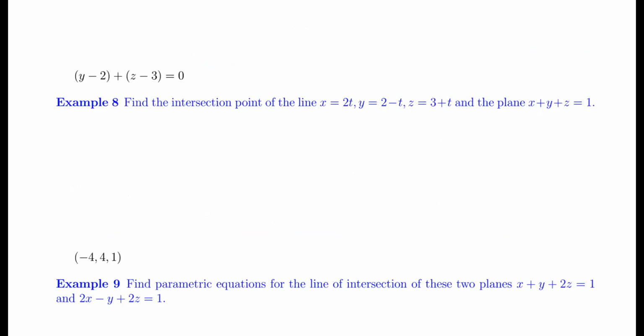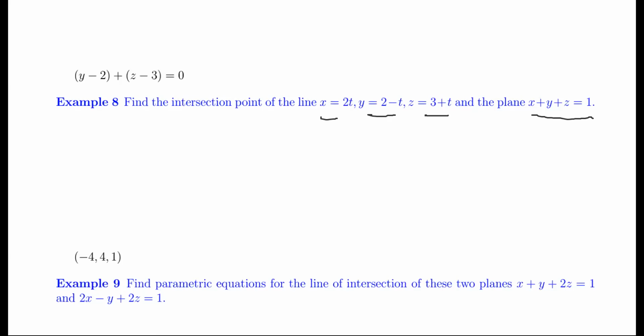So if we want to find an intersection point of this line and the plane, well, we could just plug each of these into this equation. So if x is equal to 2t, then we get 2t plus y, which is 2 minus t, plus z, which is 3 plus t, all equal to 1.